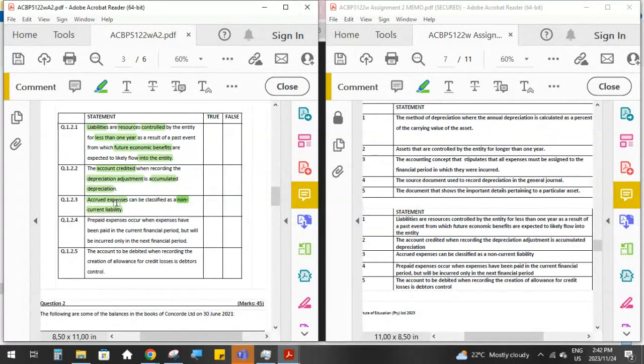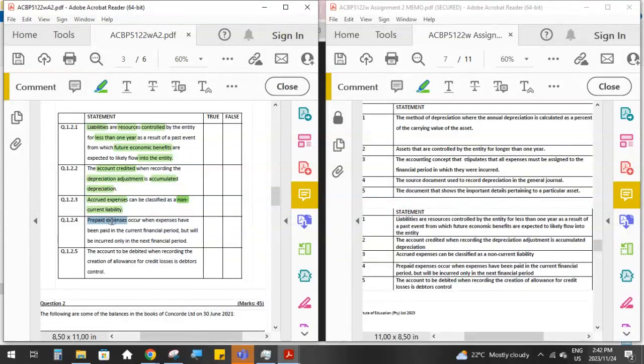Accrued expenses are by their very nature expenses that I incurred in this particular month, and I need to recognize it now because of the accrual concept. So that means that that will definitely be, what do they want us here? They want true or false. So this statement is false because accrued expenses will be current liabilities.